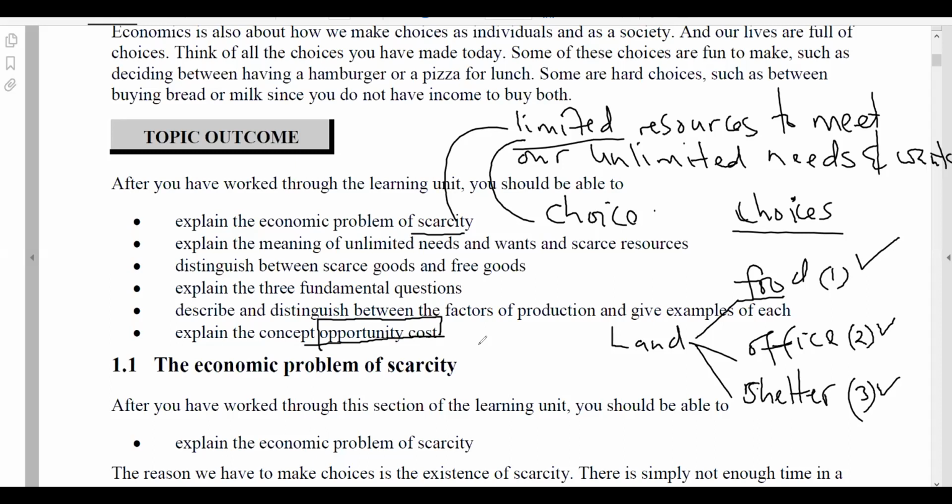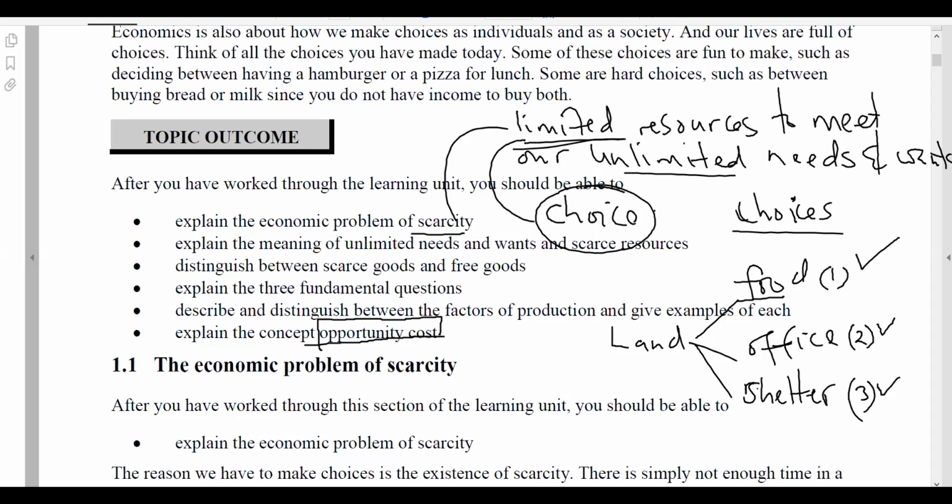I'm sure you have seen a chain of reactions, a chain of events that we have explained. We started with the resources that we are using to meet our unlimited wants. We have got limited resources to meet the unlimited ones. And hence, individuals have to make choices.